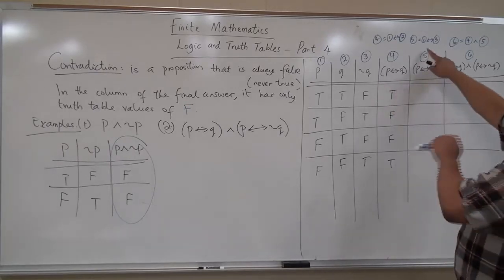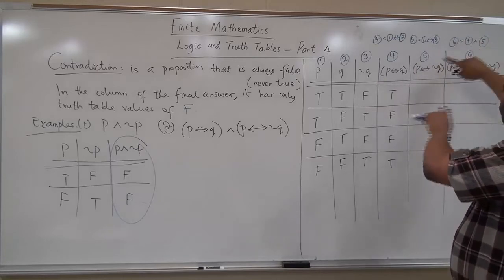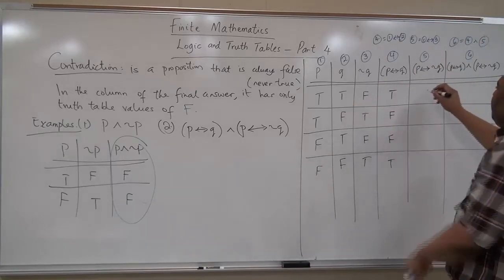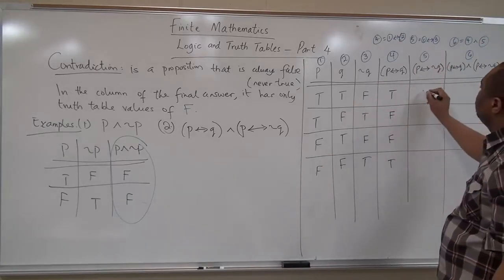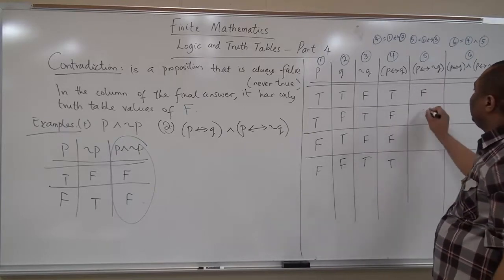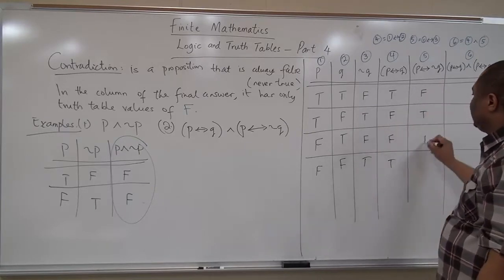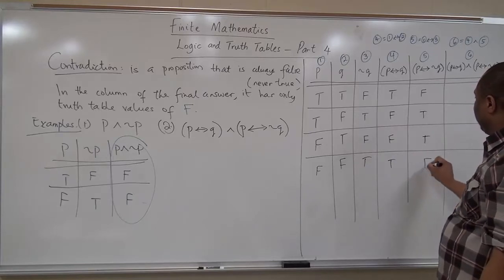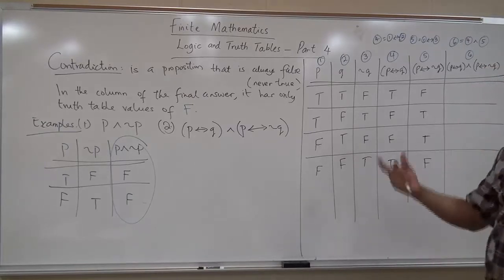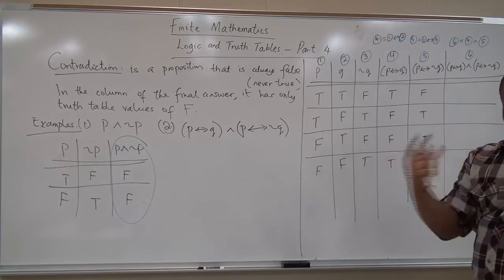So now this is column 1 if and only if column 3. So T and F, of course, this is biconditional, so this is F. T and T is T, F and F is T, F and T is F. I mean, not and, I mean biconditional.